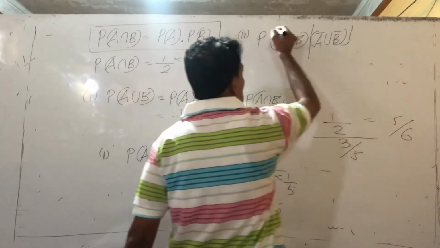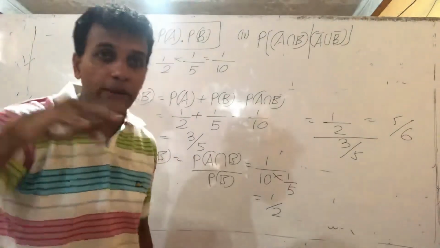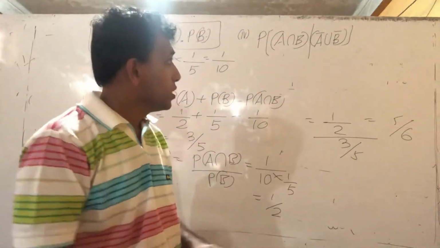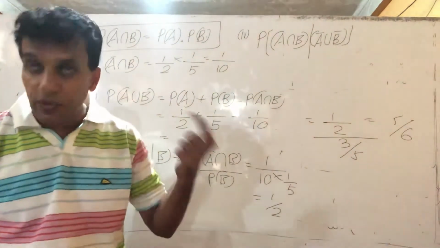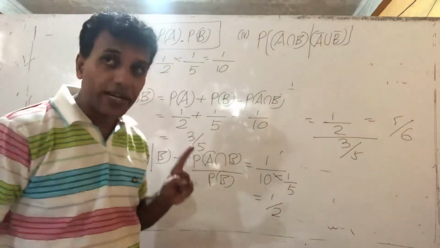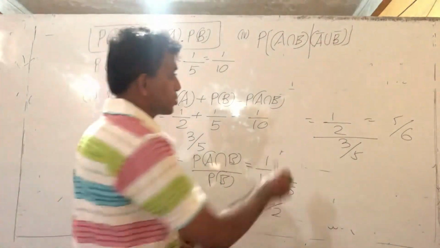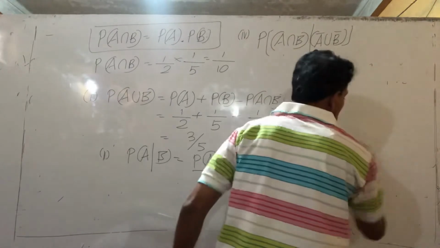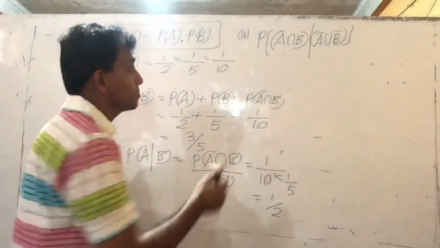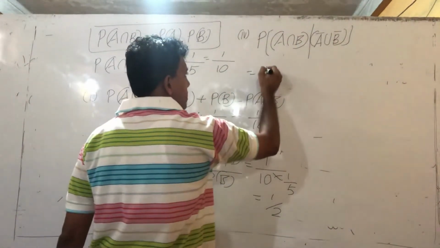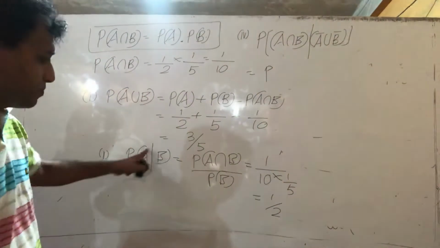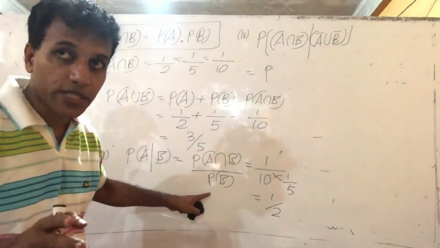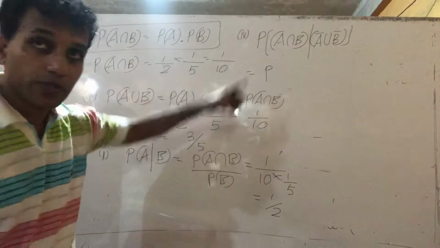So what do you mean by bar? That's complement. Bar means like a dash, complement, right? So this is what we call the conditional probability. So write the rules, write the definition.